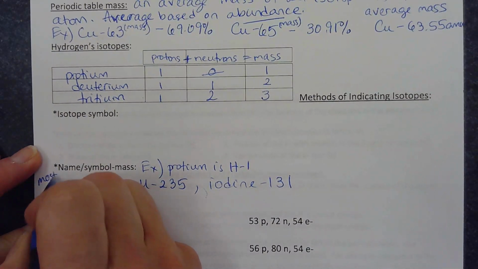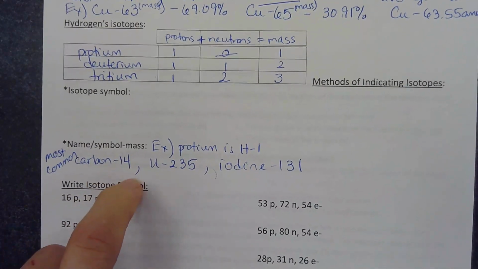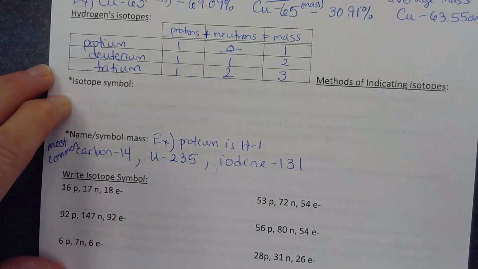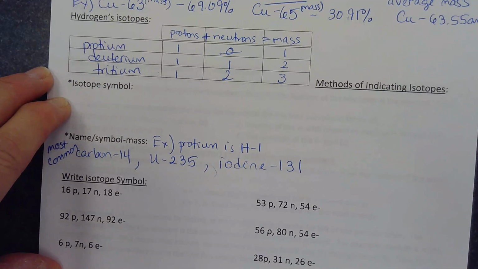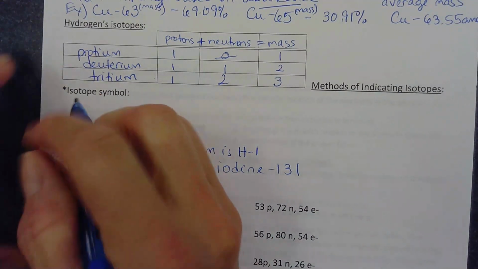So that's one method of naming, probably the most common, because this is where you could have heard of things before. The isotope symbol is not one that you've probably seen or heard of before, but we're going to do it because it's a very concise way of doing it, and we're in a chemistry class.